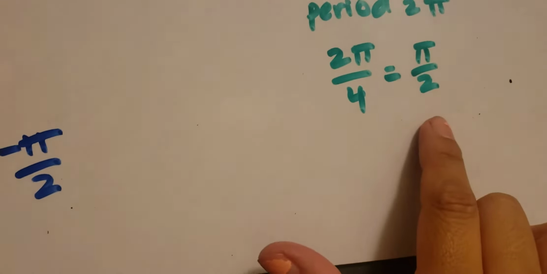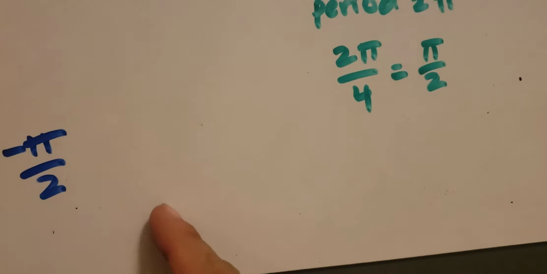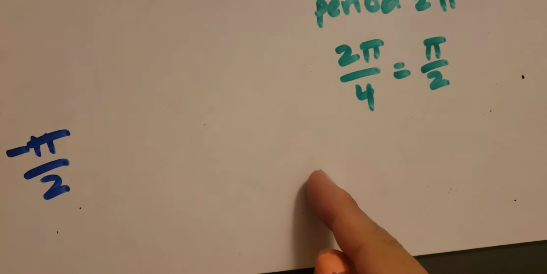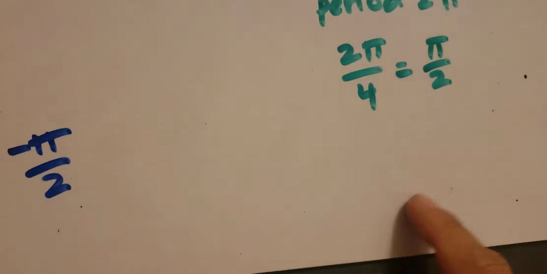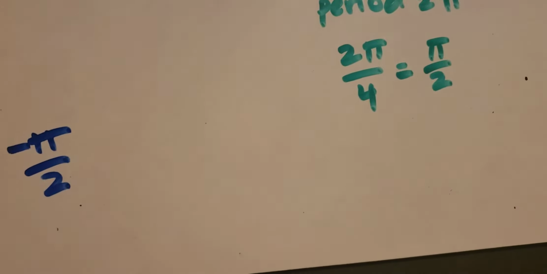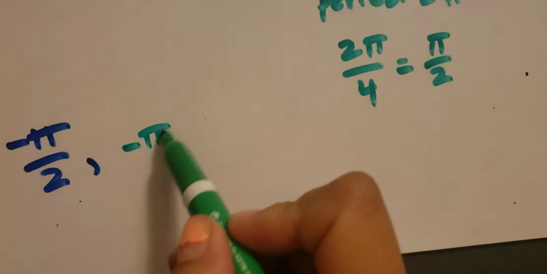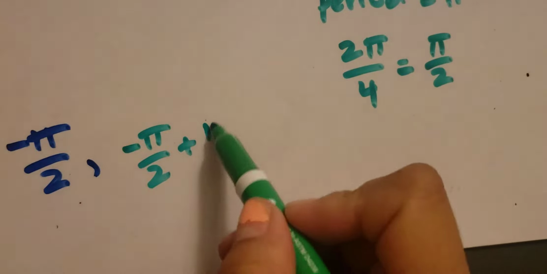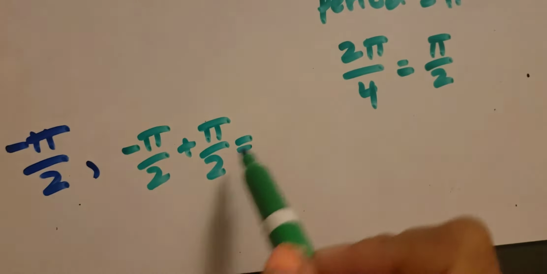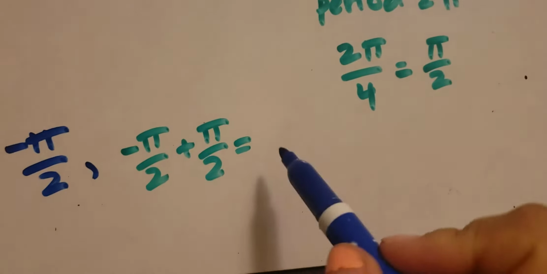So we're going to take pi over 2 and keep adding it to get our next key point and our next key point. And you'll know when to stop when you get to 9 pi over 2. Okay, so this is our first one. To get our next key point, we're going to take negative pi over 2 and add pi over 2. Okay, and that should give you 0.